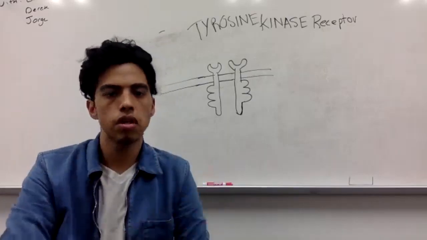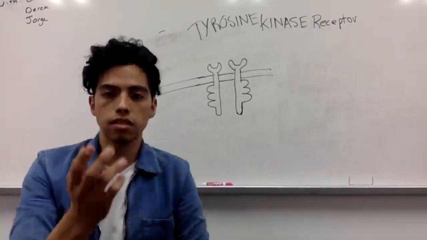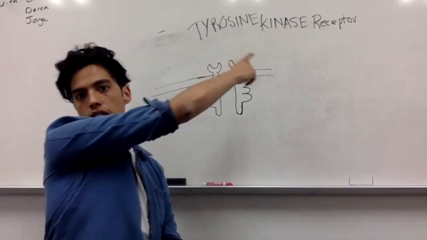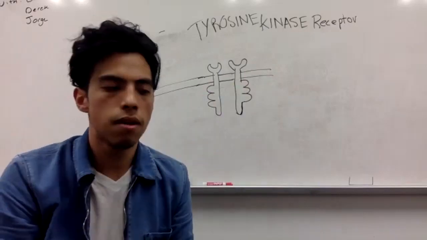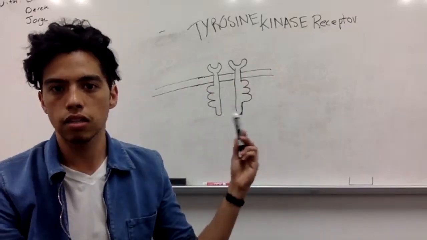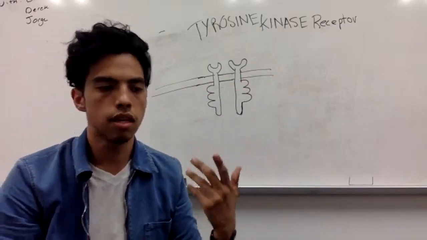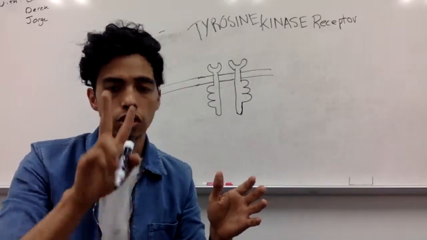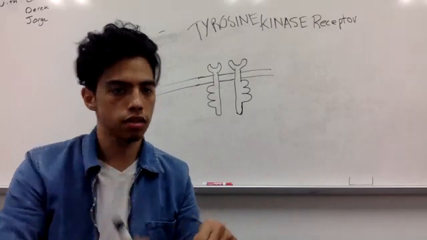That's one type of reception. The other type of reception is tyrosine kinase receptors. Those look kind of like this. And the biggest difference is that you need two signal molecules to activate this.